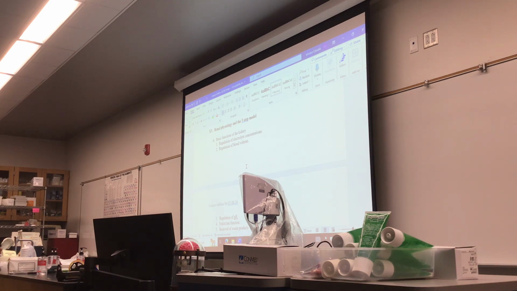Where else in the algorithm is it active? By the way, I'm not asking this to pick on anybody. I'm asking these questions because these are questions that you should think are fair game for test number 4. By definition, if we affect EDV, what else are we affecting? By definition, stroke volume. But how?